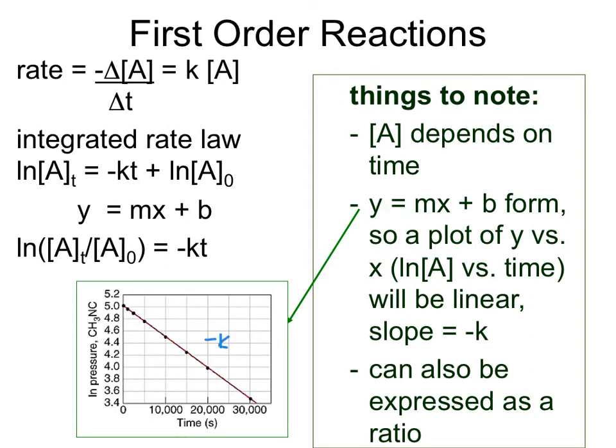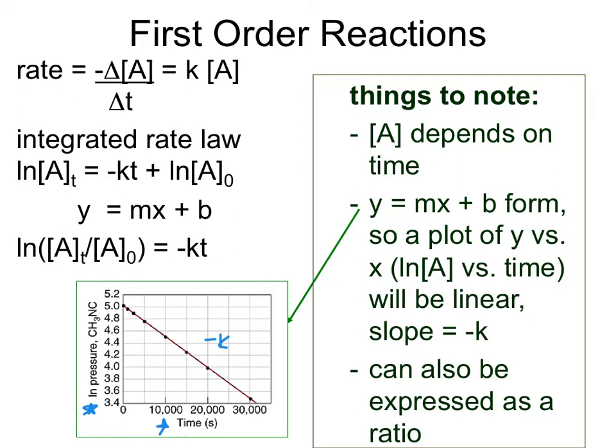So when we graph first order integrated rate laws, by taking the natural log of our concentration against time, we will get a straight line.